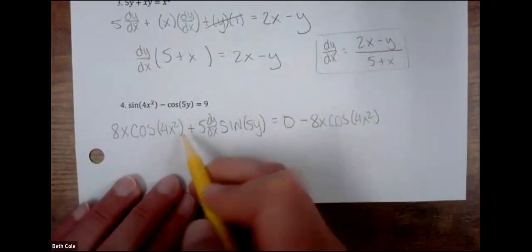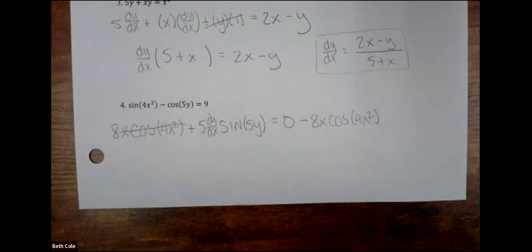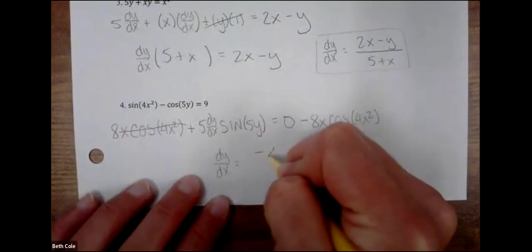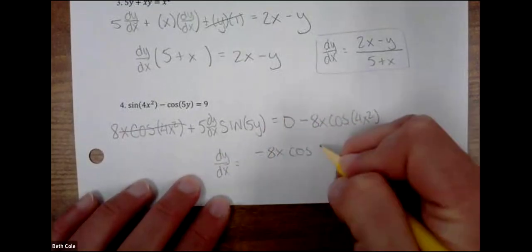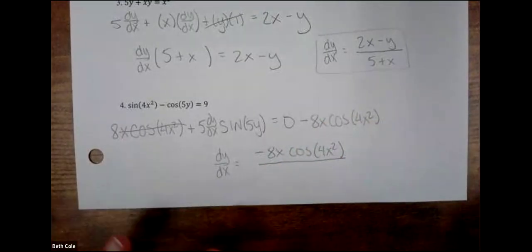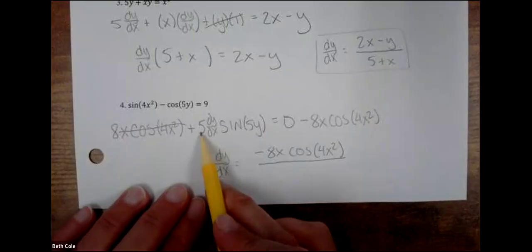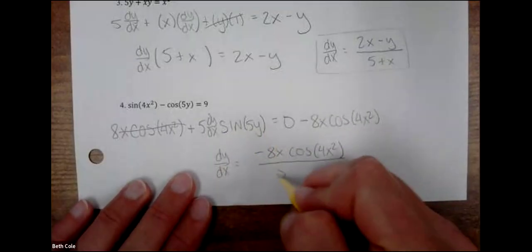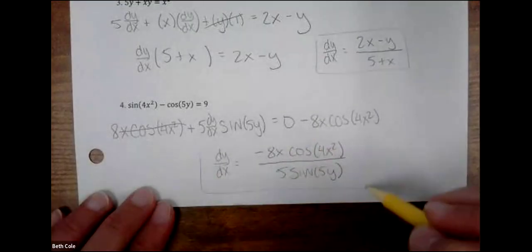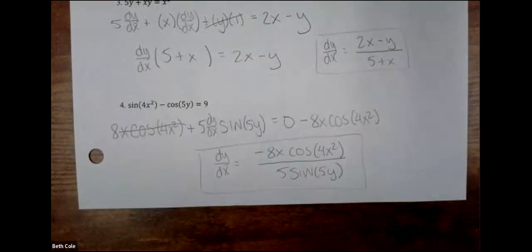I'm going to scribble that out. And then your final answer will be dy dx equals negative 8x cosine 4x squared divided by what? 5 sine 5y. So just everything that's not a dy dx, because you want to get that by itself.